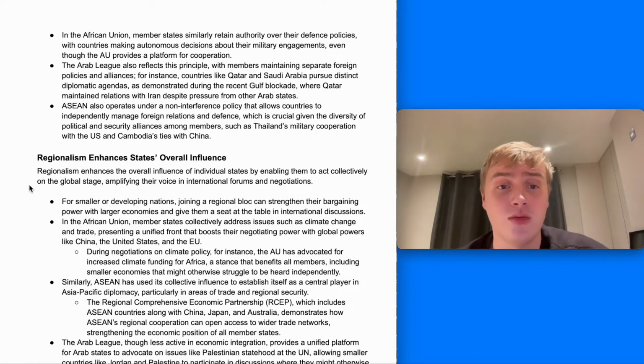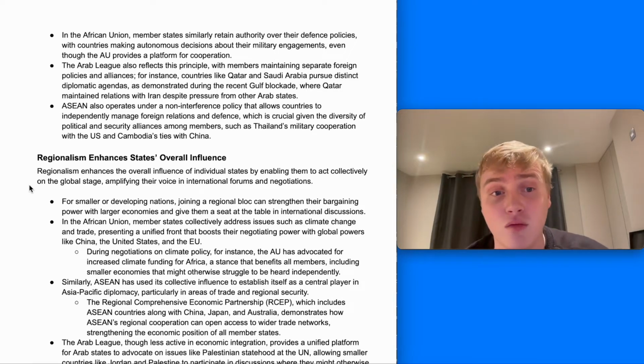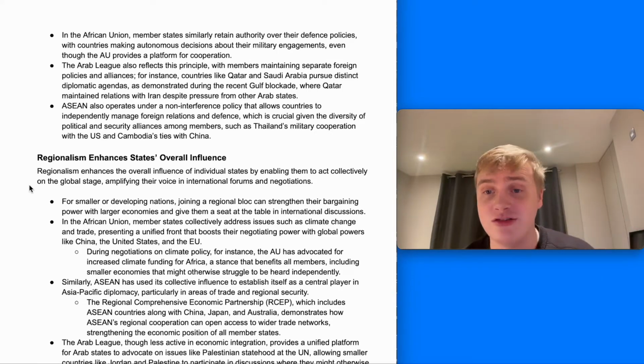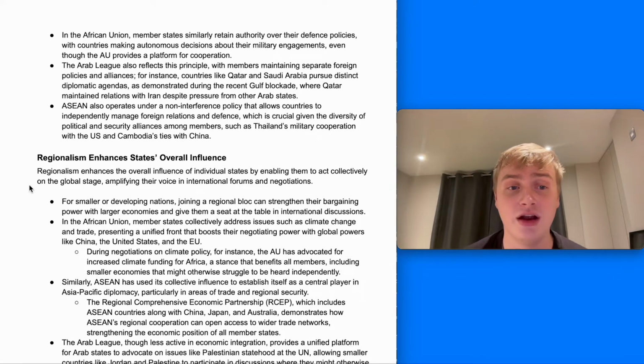ASEAN also operates under a non-interference policy that allows countries to independently manage foreign relations and defence, which is crucial given the diversity of political and security alliances. Thailand, for example, has strong military cooperation with the United States, whilst Cambodia has stronger ties with China.